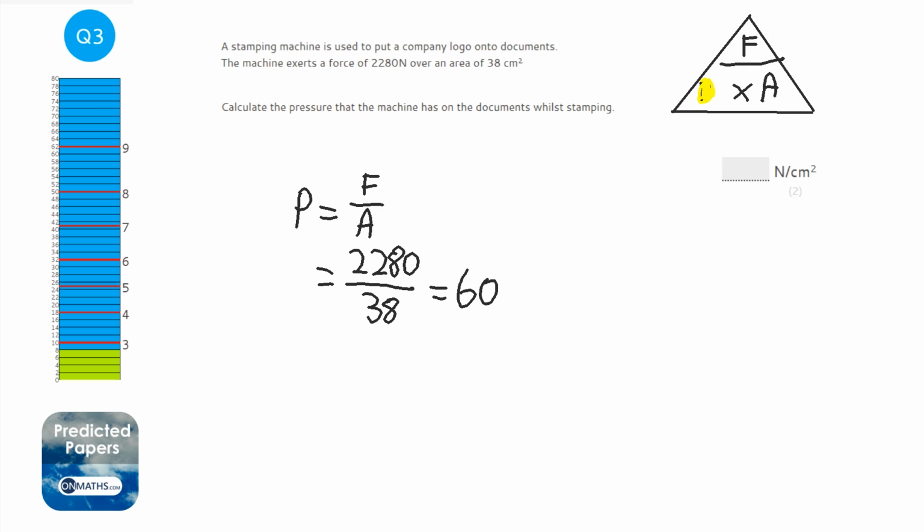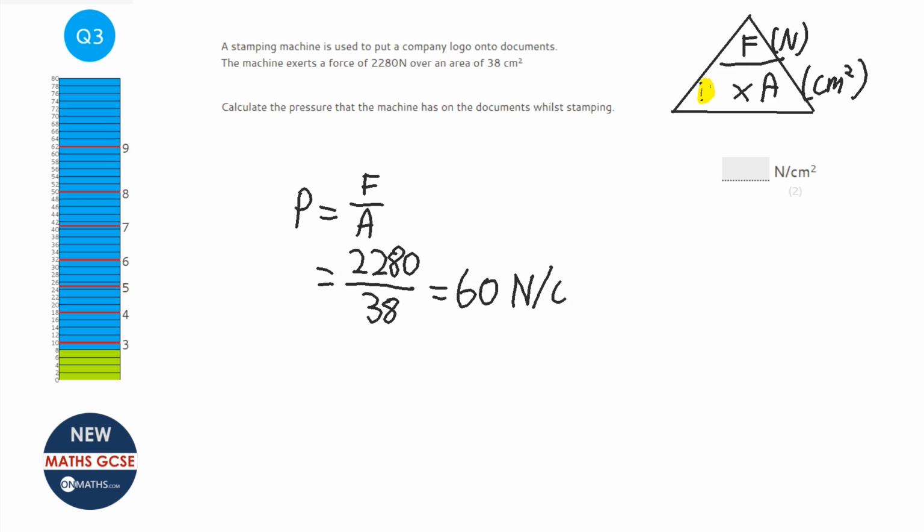Now the units, because force is in newtons, and because area is either in meters squared or centimeters squared normally, then the units are newtons per centimeter squared. So it's 60 newtons per centimeter squared. Don't forget it could be meters squared, newtons per meter squared, and that's absolutely fine for pressure.